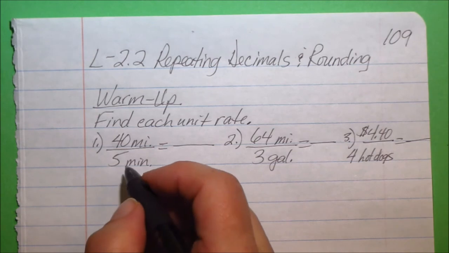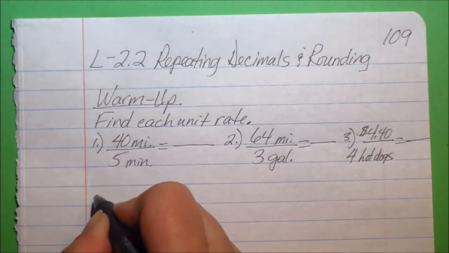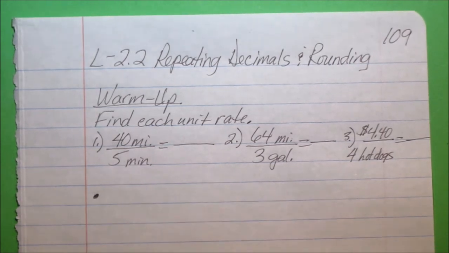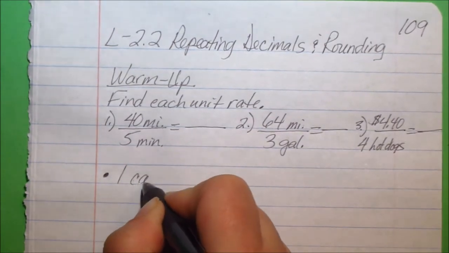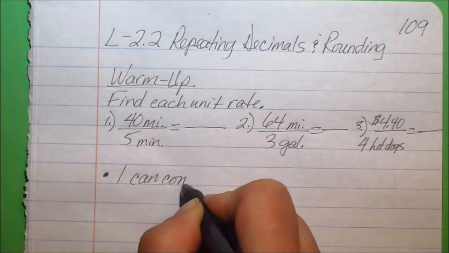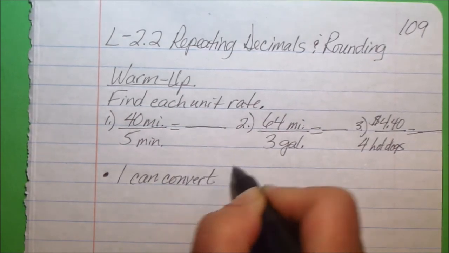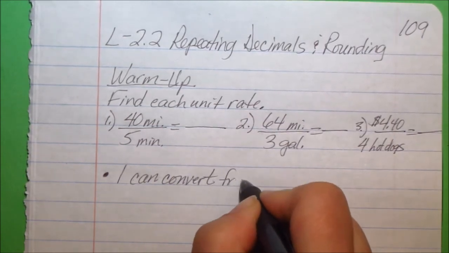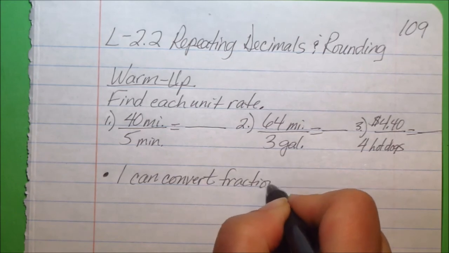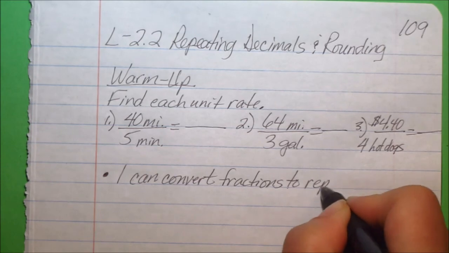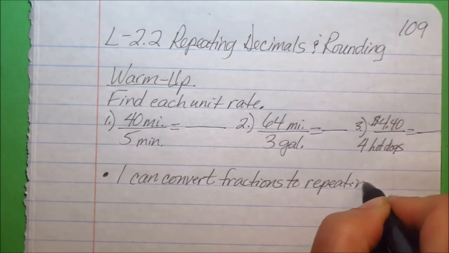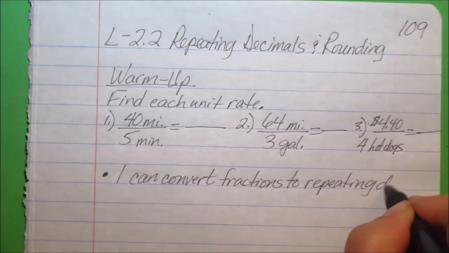All right, and for I can statements, we've got: I can convert fractions to repeating decimals.